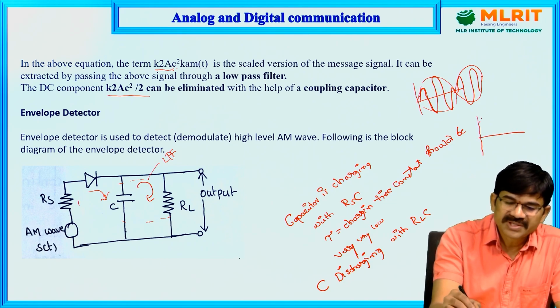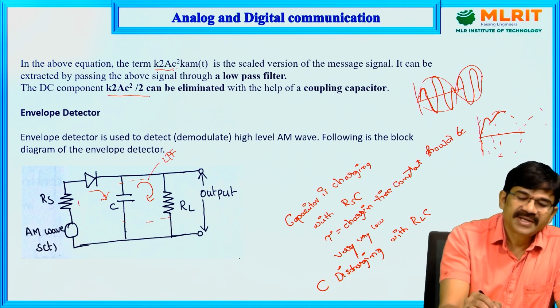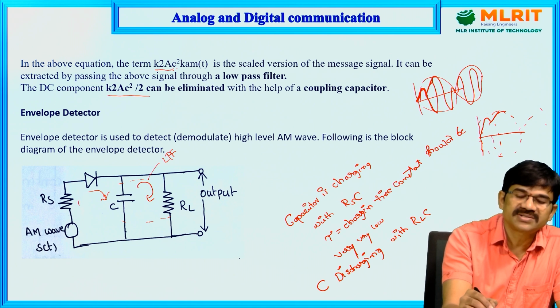In the positive half cycle the capacitor charges up to here and then slowly discharges. Since the next cycle comes immediately, the capacitor starts charging again. So in this period the capacitor is charging and in this period it is slowly discharging, and the process repeats in each cycle.